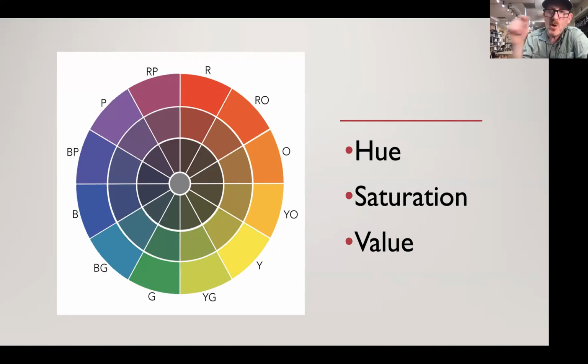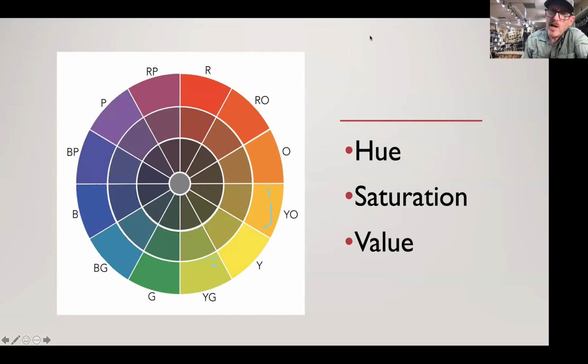But just to go over the bullet points, every color that we can see has a hue, a saturation, and a value. That is it. All colors have all three. No color has more than these three elements. No color has less than these three elements. What are these elements? Hue. Hue is, as we would go around the color wheel, what family of color we're looking at.